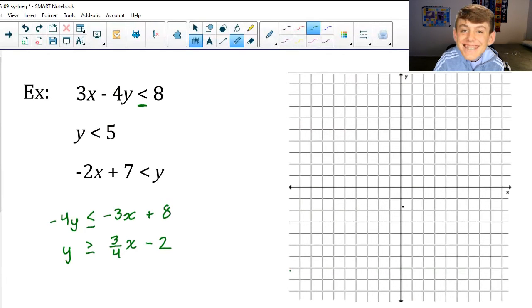I'll go ahead and graph it. Y-intercept -2, up 3, right 4, or down 3, left 4. It is greater than or equal to, so I'll make a solid line.